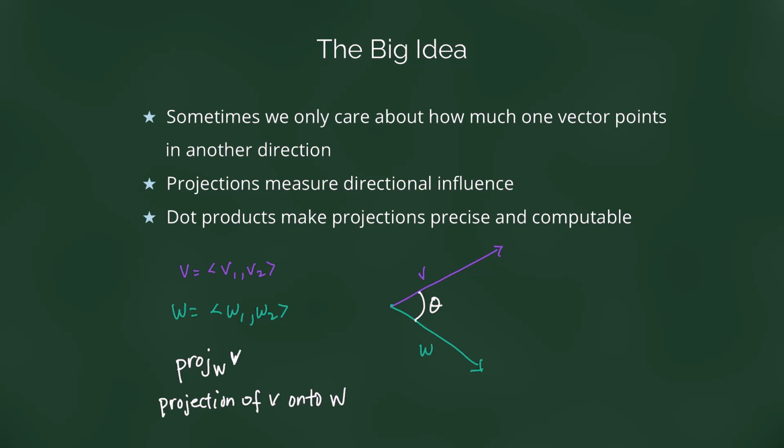What we're going to do is drop a line from the end of v down to w so that it's perpendicular. This creates a new vector along w.